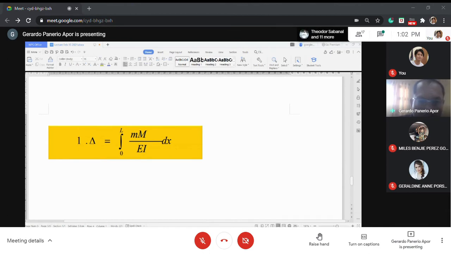So supposedly you're having this equation. This is the virtual work equation.